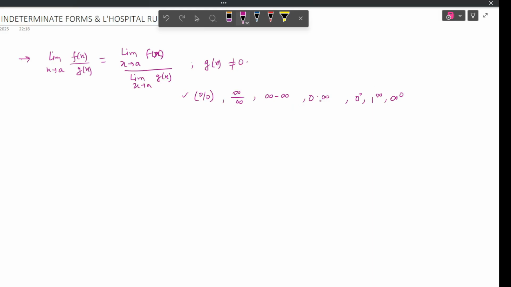These are all indeterminate forms. So if you notice, there are 7 indeterminate forms.